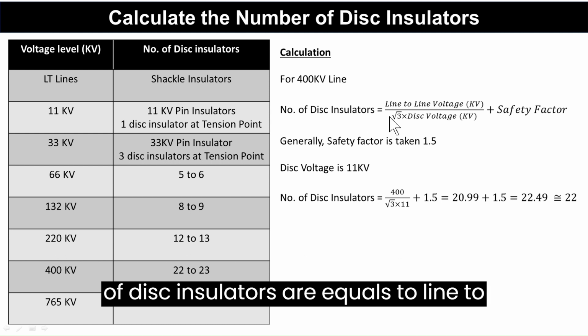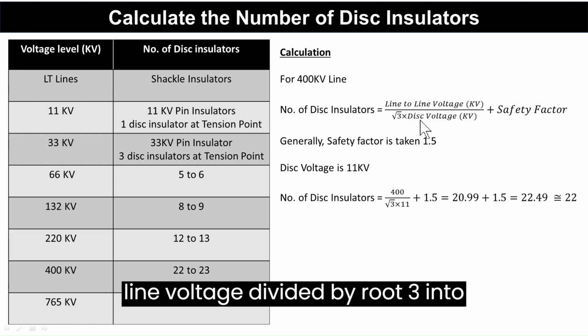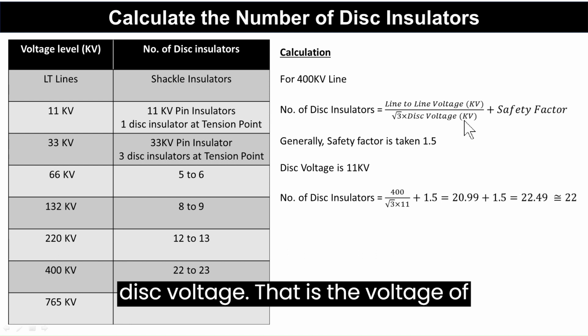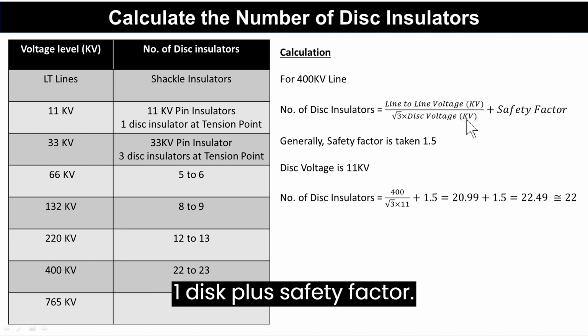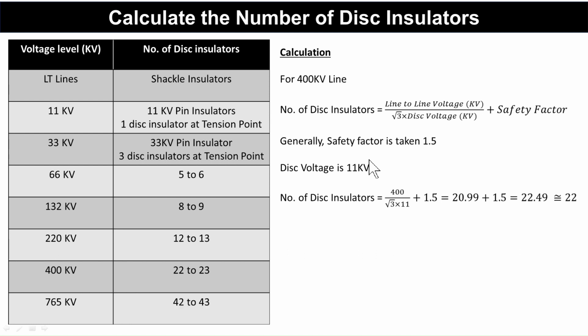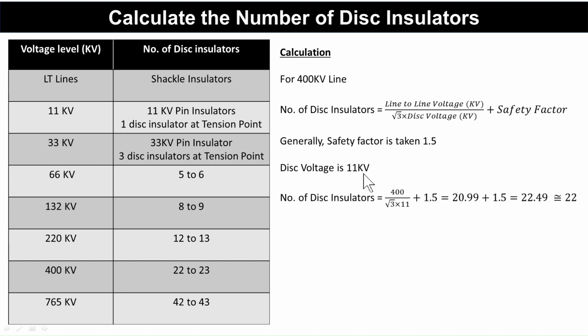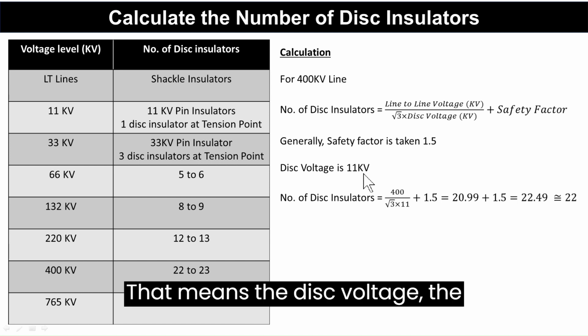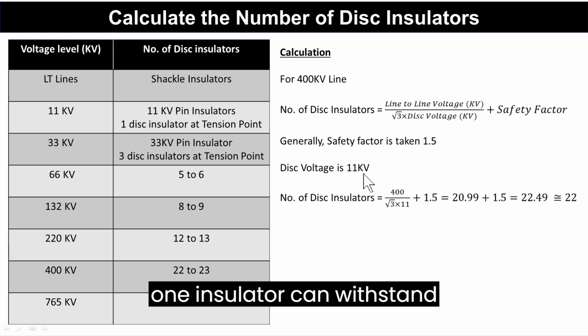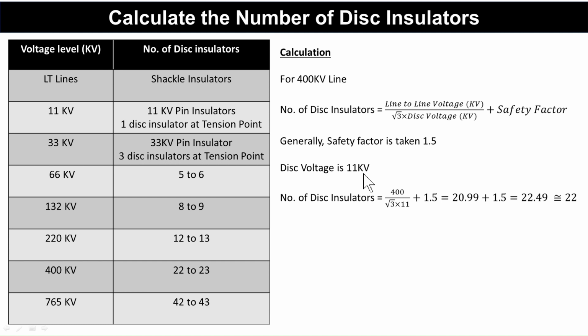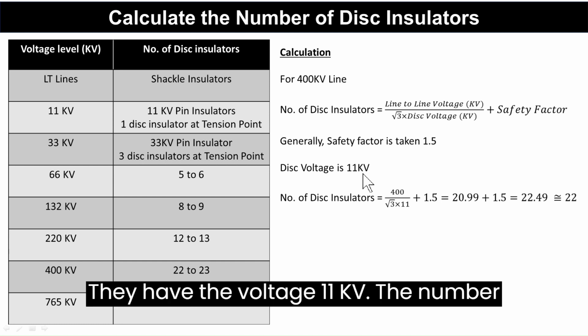The number of disc insulators equals line voltage divided by root 3 times disc voltage, that is the voltage of one disc, plus a safety factor. Generally, the safety factor is taken as 1.5. The disc voltage is 11 kV. That means one disc insulator can withstand 11 kV. It has a voltage rating of 11 kV.